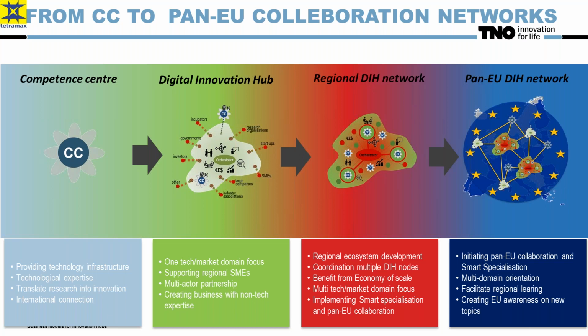And that's a very important thing, because it adds to the sustainability of those innovation hubs. And now we can also see the Pan-European Digital Innovation Hub emerging. That's creating collaboration between the different regional digital innovation hub networks. And that's crucial for the Pan-European collaboration.